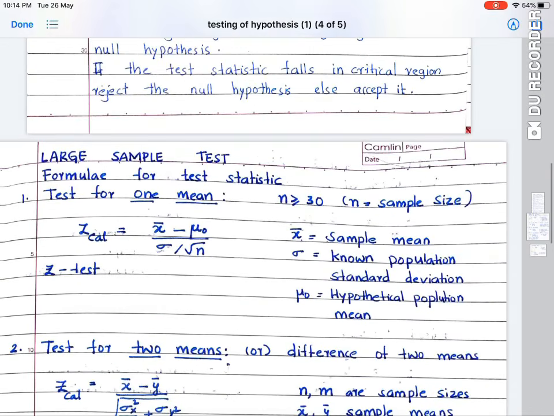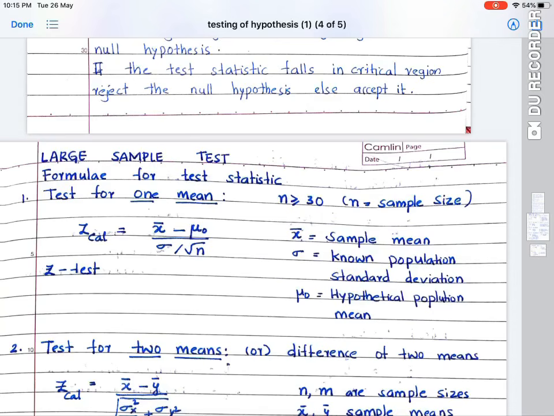Now basically there is no specific count to decide whether a given sample is a small sample or large sample. There is no specific distinction between what number should be taken to call a given sample a small sample or a large sample.